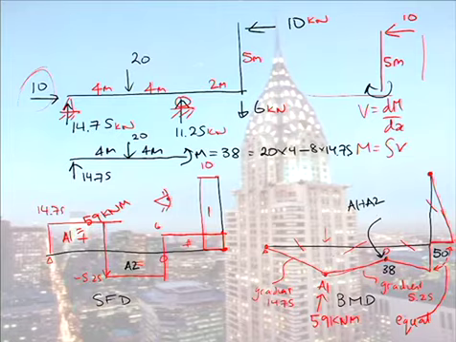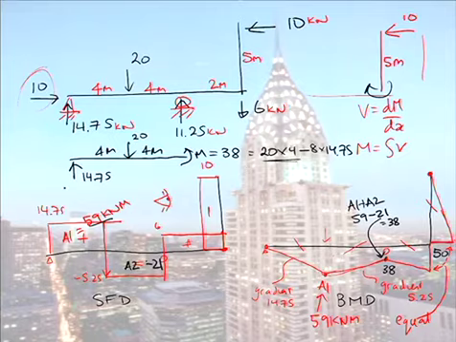The other way to look at it is that the area in there is 59, that area in there is minus 21, and therefore the moment there would be area 1, 59 minus 21, which is 38. The second way round, you'd say 20 times 4, considering a free body diagram, take away 14.75 times 8, and that gives you 38 as well. So that's how we got the 38.